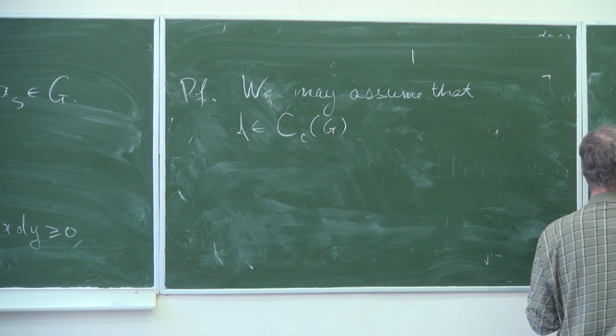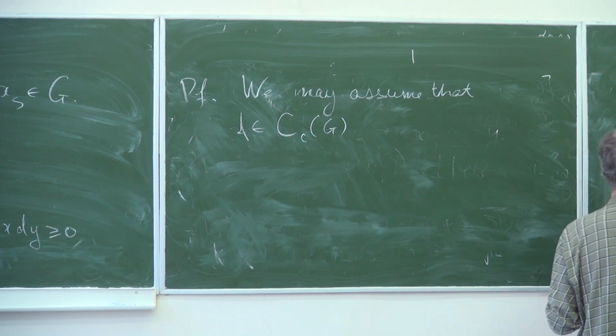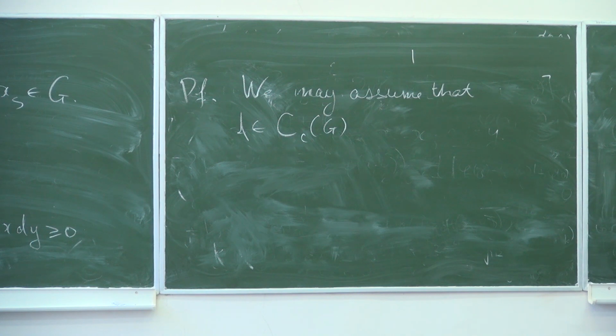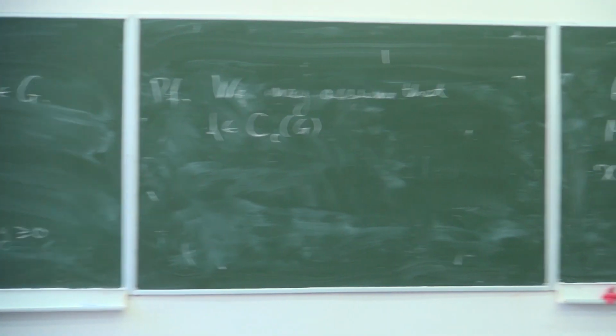Then if we take an element x in A, its spectral norm is equal to the limit, when k tends to infinity, of the kth root of the norm of x to the power k.